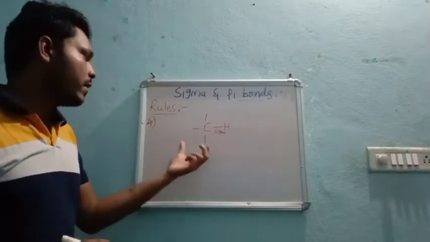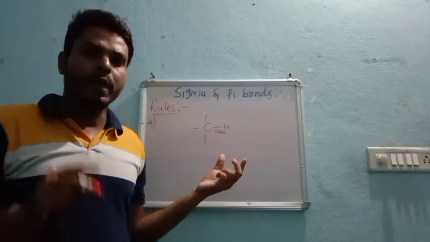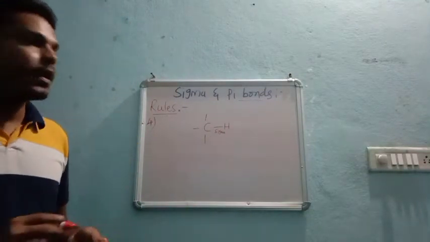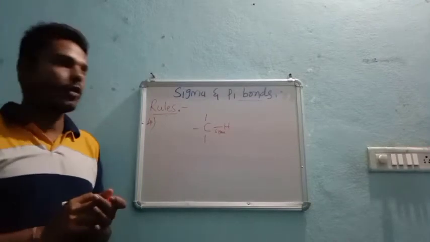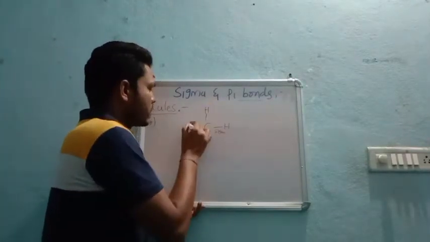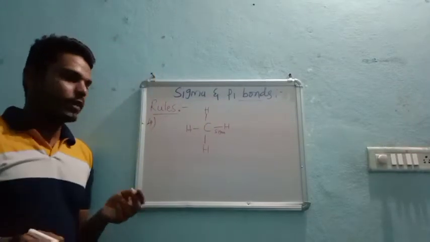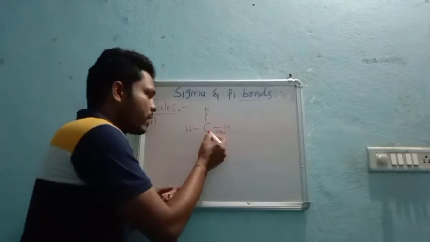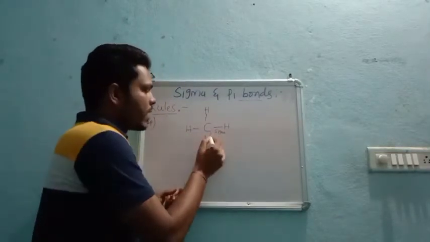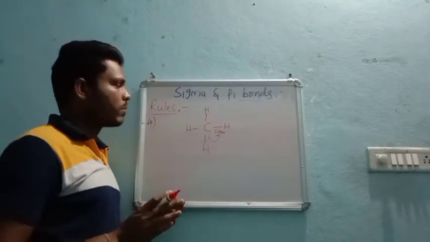Whenever we see a bond between carbon and hydrogen, this hydrogen, this hydrogen, or this hydrogen, that bond will always be a sigma bond. This is the fourth rule.